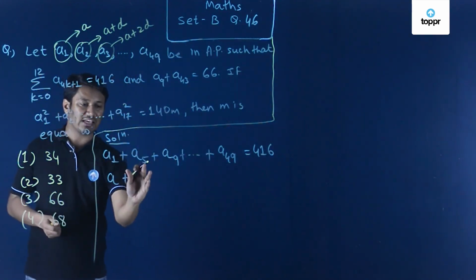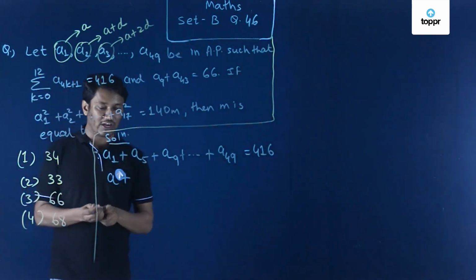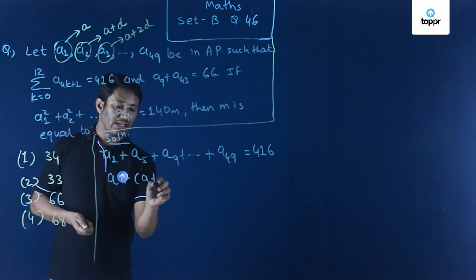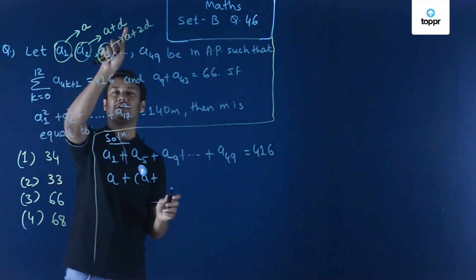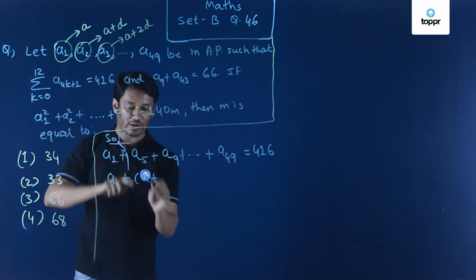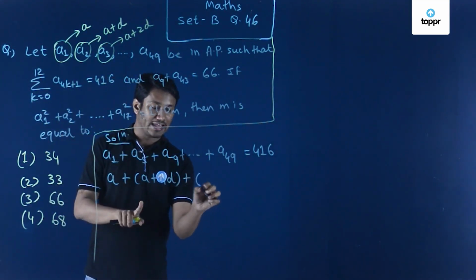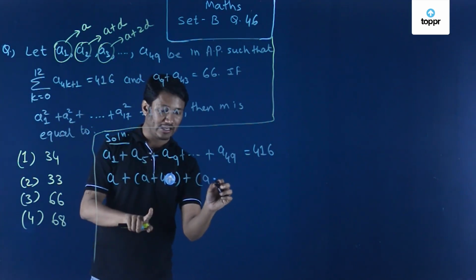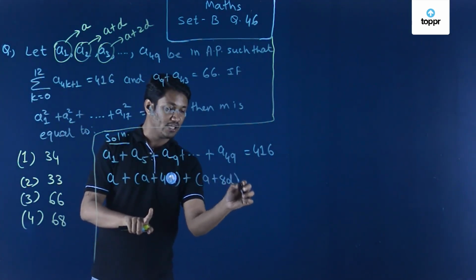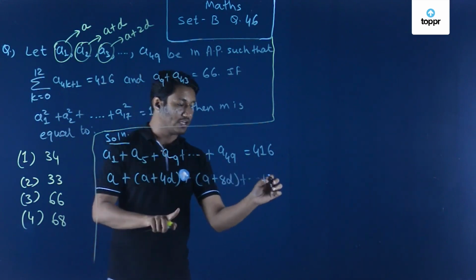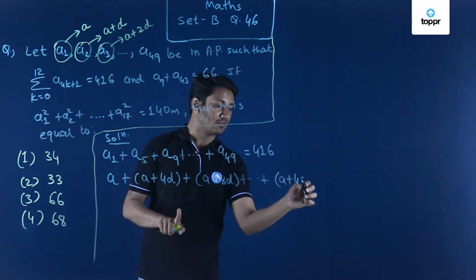So A5 will be A plus 4D, A9 will be A plus 8D, and likewise A49 will be A plus 48D.